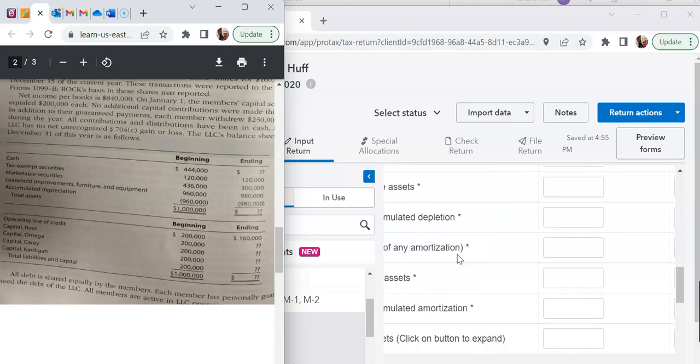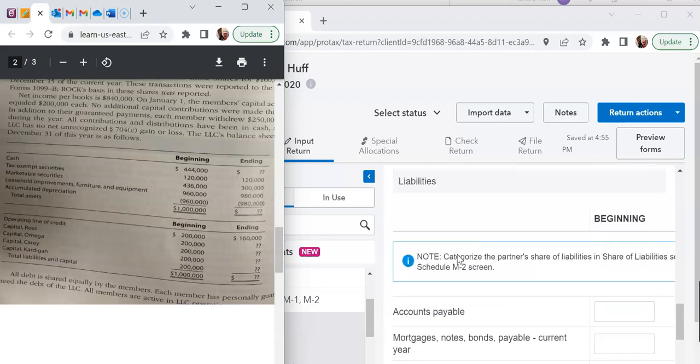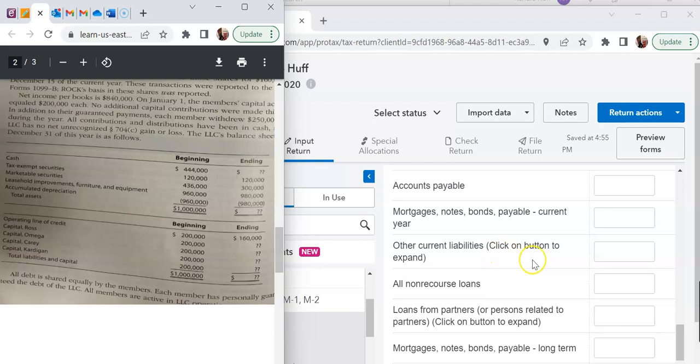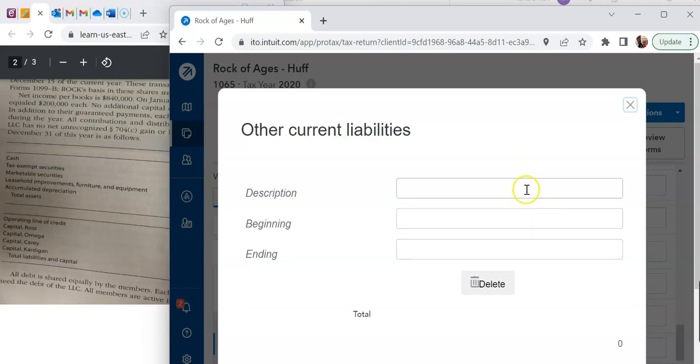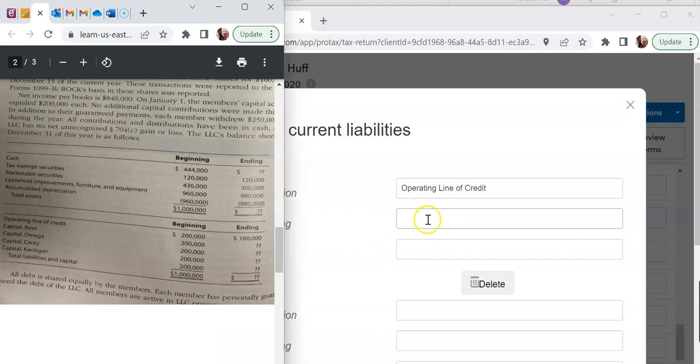And we have an operating line of credit, which I'm going to call another liability. $200 and $160.